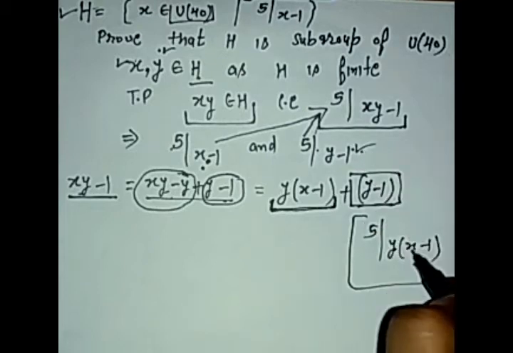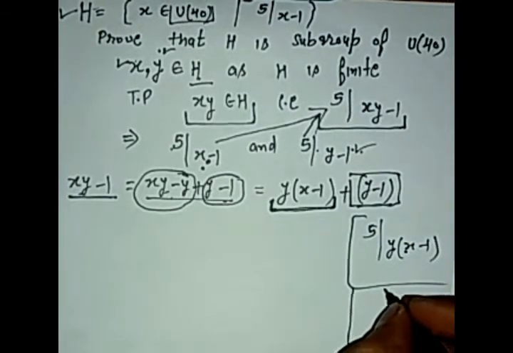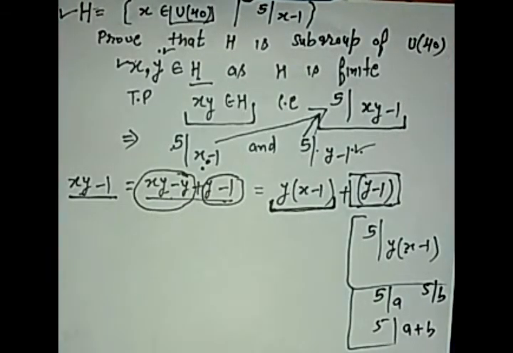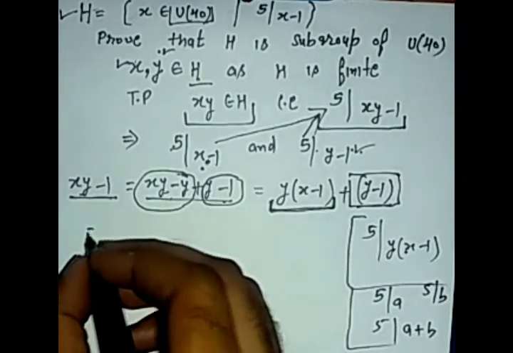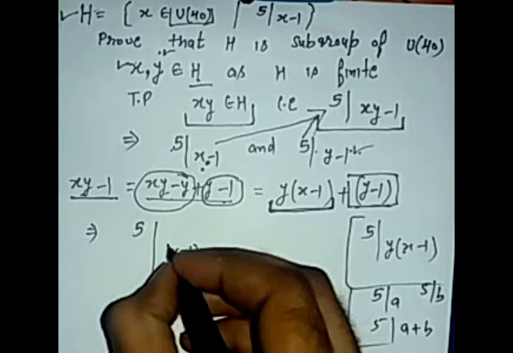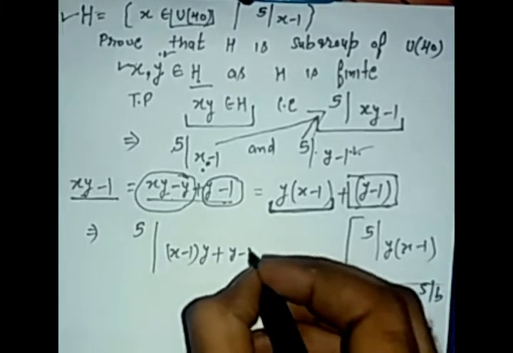Therefore, by the property of divisibility, we know that if 5 divides a and 5 divides b, then 5 divides a plus b. So using this fact we can say that 5 divides (x minus 1) y plus y minus 1.